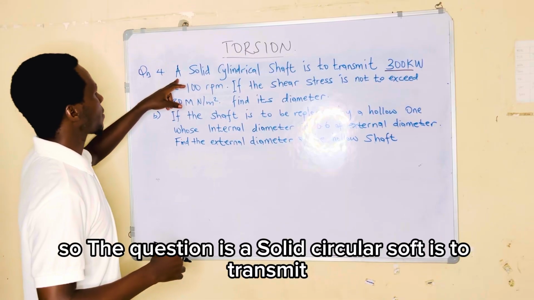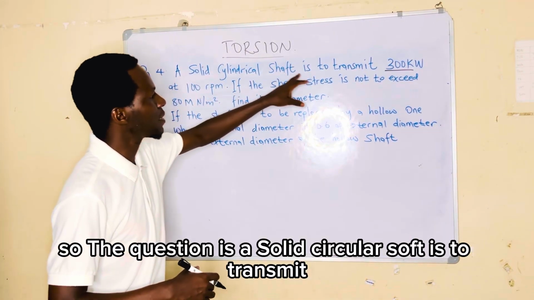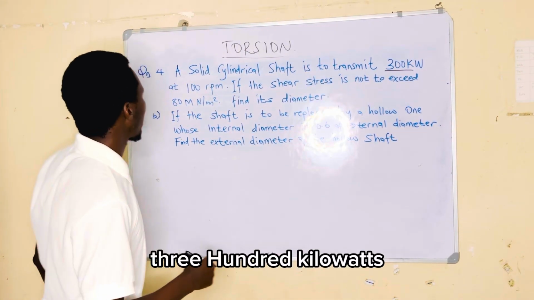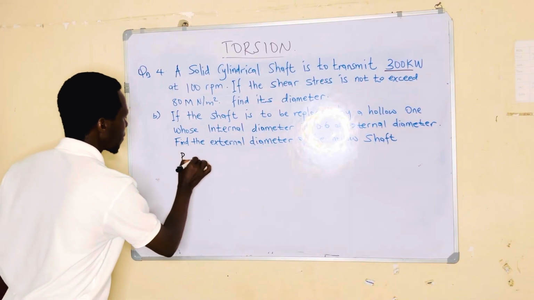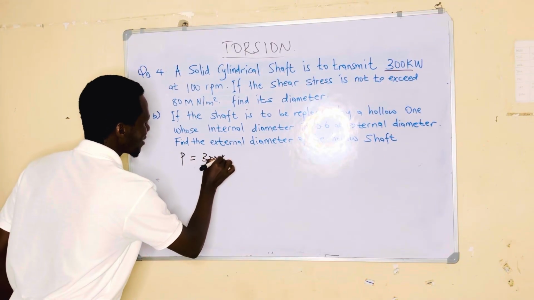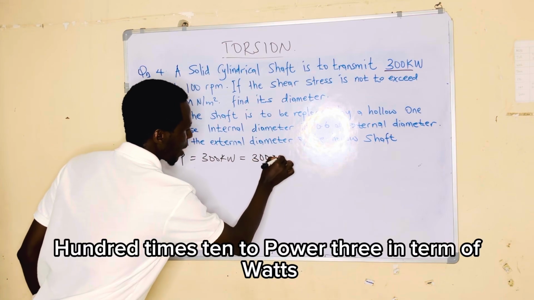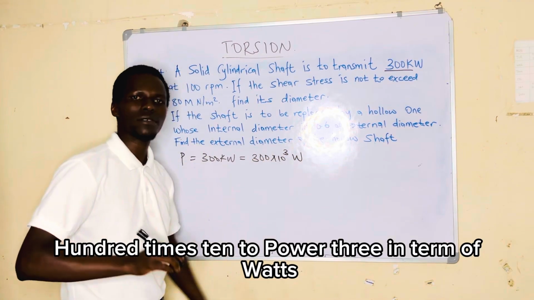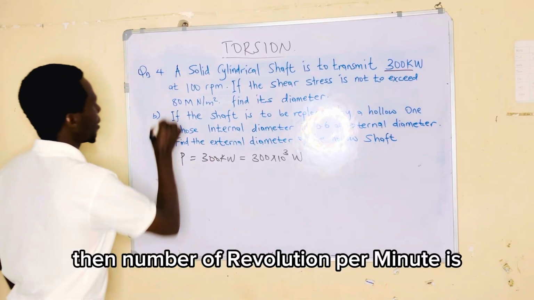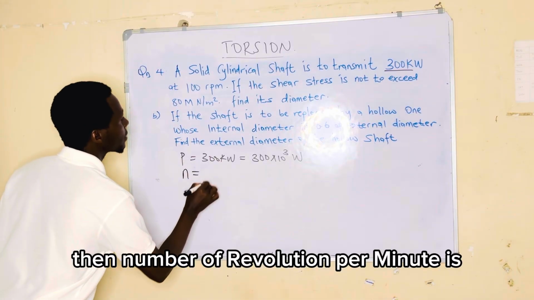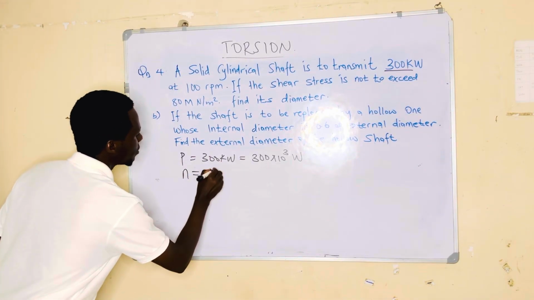So the question is, a solid circular shaft is to transmit 300 kilowatts. So our power is given as 300 kilowatts. This is equivalent to 300 times 10 to the power 3 in watts. Then the number of revolutions per minute is 100.